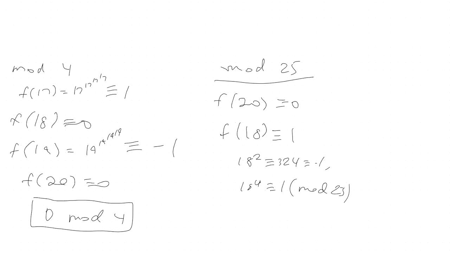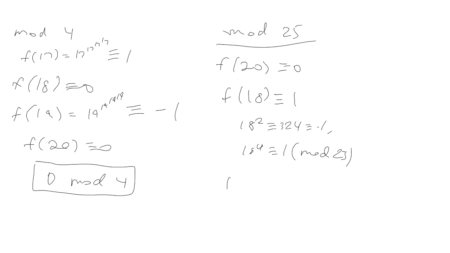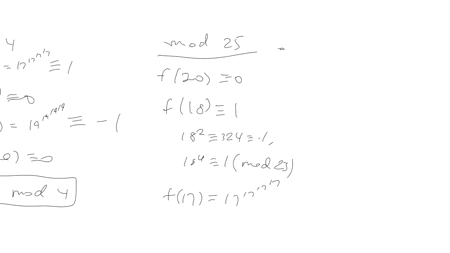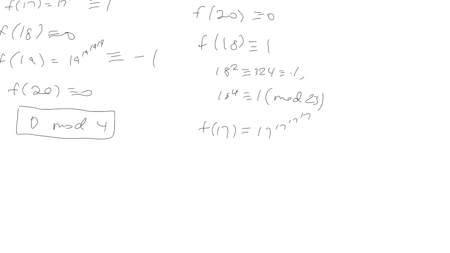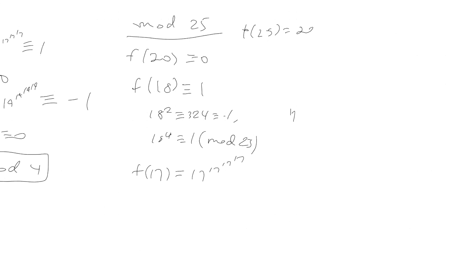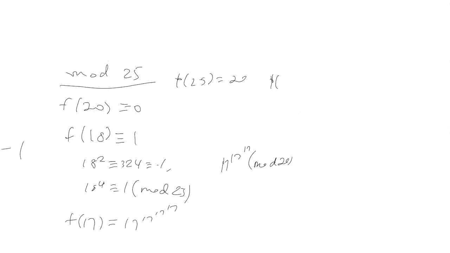Now for 17. So for 17, it's not as simple as the two above. Because for 17, this is 17, 17, 17, 17. Now I'll just write here that phi of 25 is 20. So here we just have to calculate this above thing, which is 17, 17, 17 mod 20. Now, phi of 20 is 8.